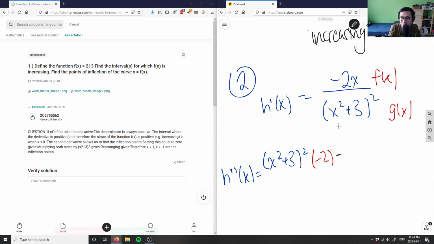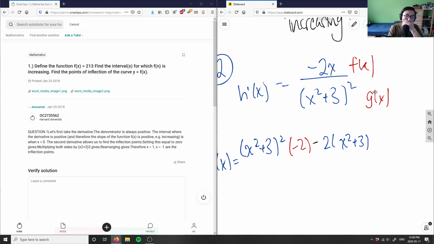The derivative would be, I bring the 2 down, so this would be 2 times x squared plus 3, times 1, times the derivative of the inside, which is 2x. I believe that's correct. I might have to use the chain rule here.